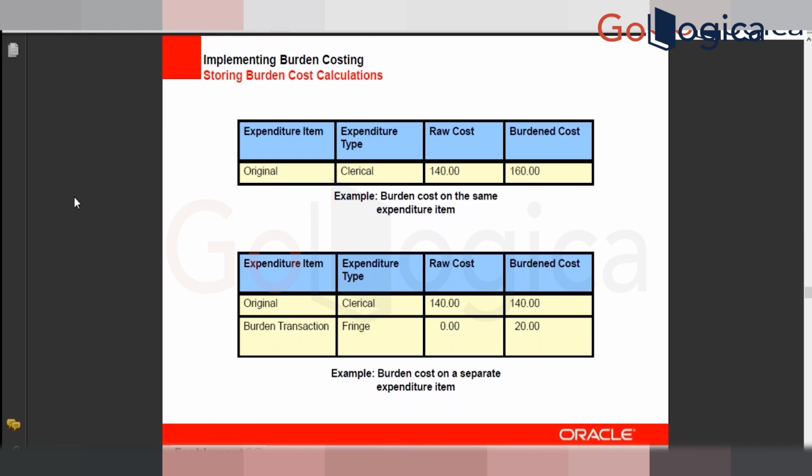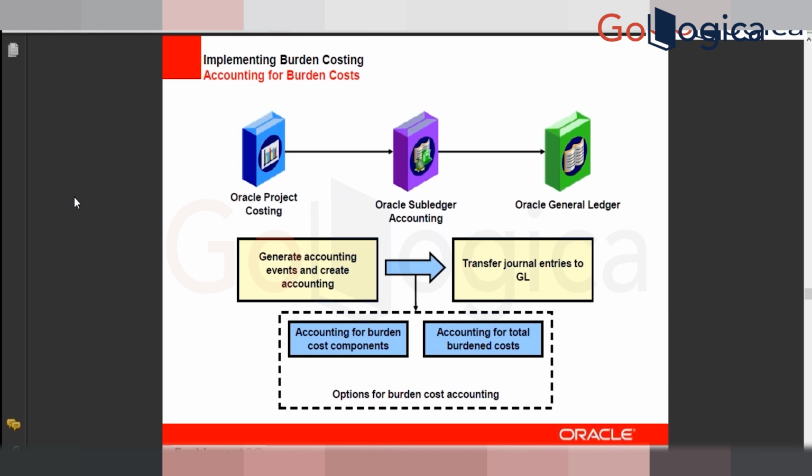If you want to split into two separate lines, the original is 140, and the burden cost, whatever you are paying extra as a fringe, you want to track as a separate line, you can go with this. You can go like this. JK, did you get the difference? Yeah, yeah.